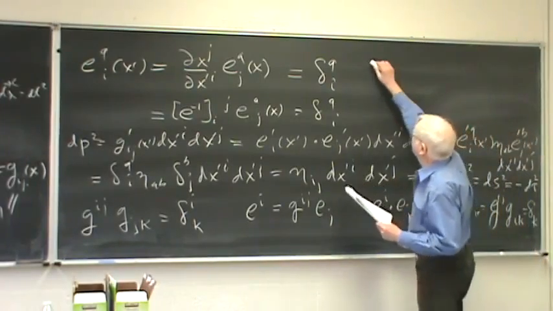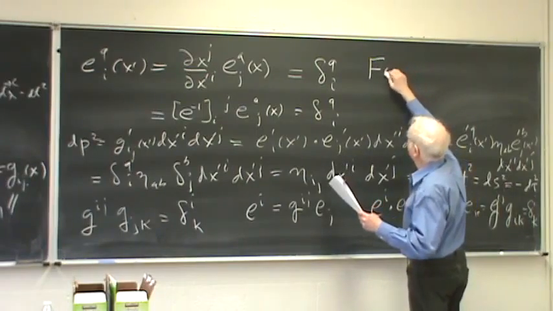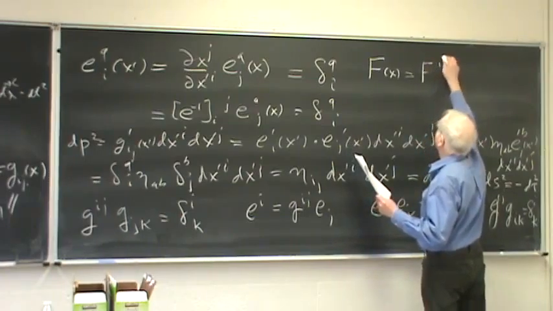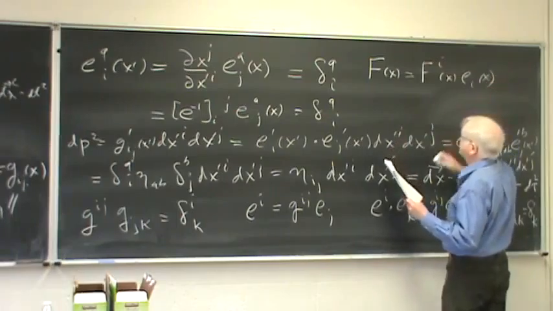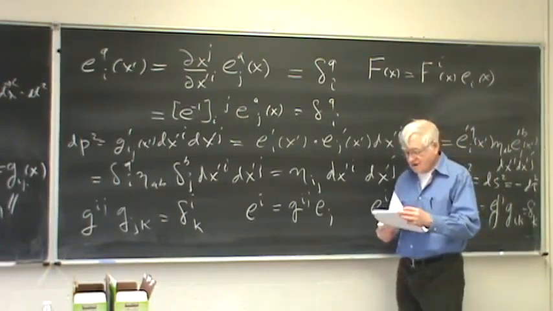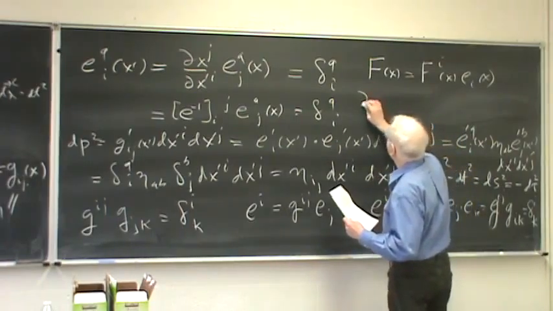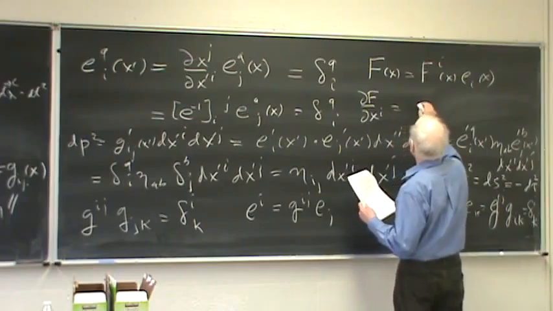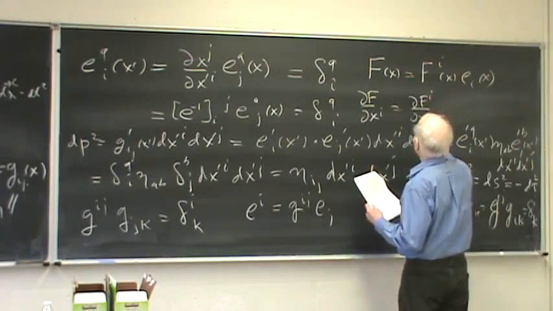So let's think about a field F of x, and I'm writing it in invariant form F^i of x, e_i of x. And as I said, we take a derivative of this. So this is something I did last time. We get partial F on partial x.